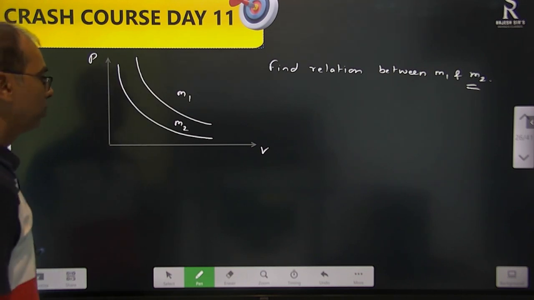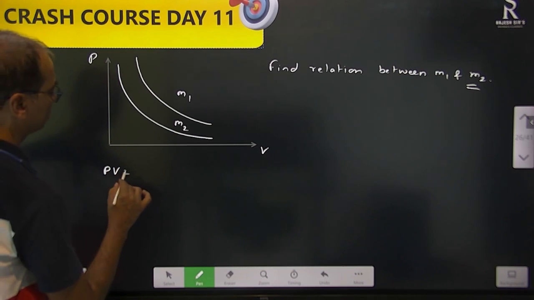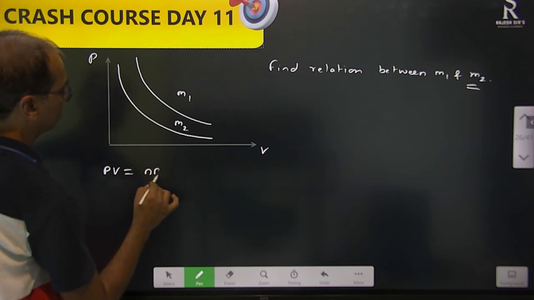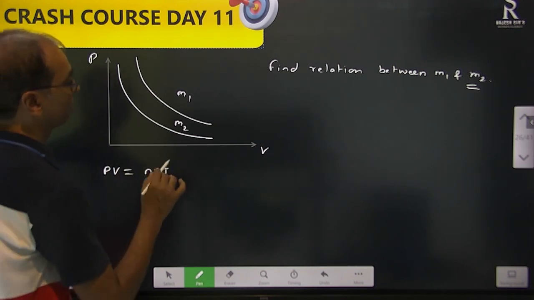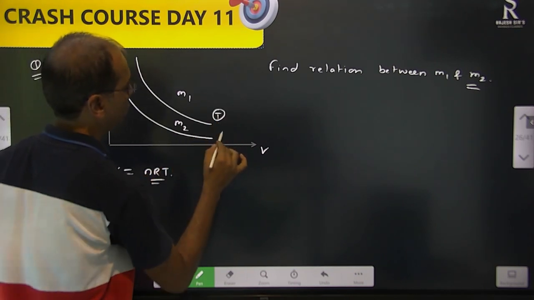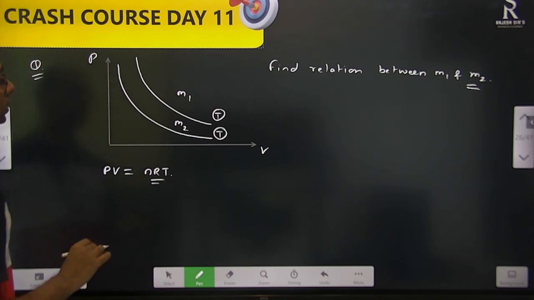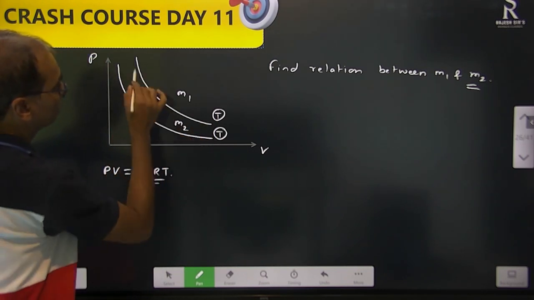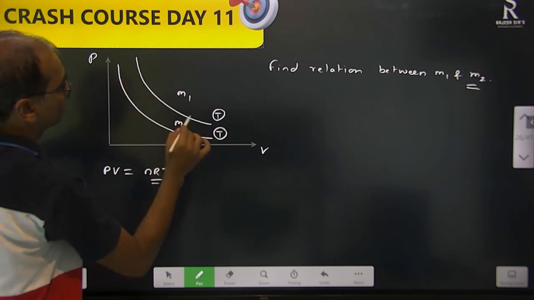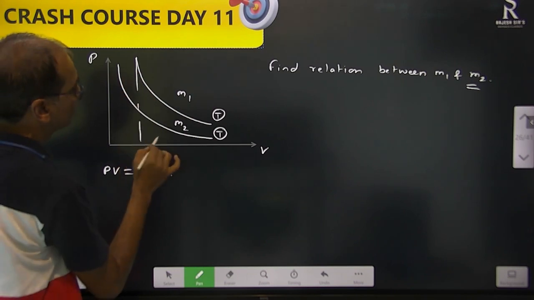Again, this is related to number of moles. PV equal to nRT we know. One more thing, the temperatures are constant. Both have the same temperature. So what can we say in this one? This one has more area. This area is more.